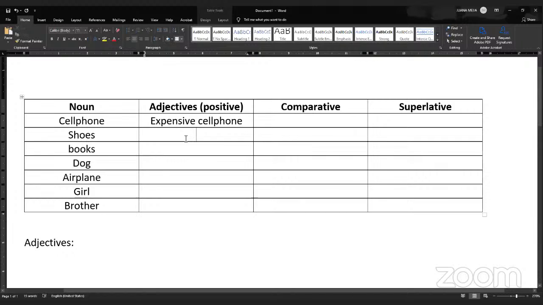Let's continue with number 2. Shoes. Nice is another adjective for that noun. Nice shoes, describing the noun. Next one, books.